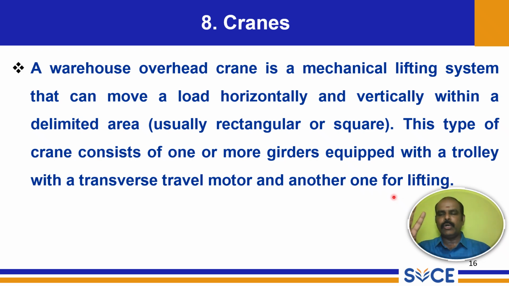So usually there will be two motors: one motor for horizontal movement, another for vertical movement. Of course, the other is also horizontal but on another axis, and the third is for vertical. So purely it is a gantry type, where the X axis, Y axis and Z axis come into the picture.